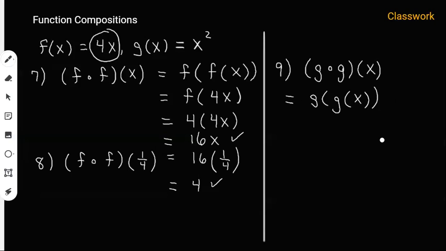So I'm taking the function g of x and putting it inside of itself, right? So what is g of x? Well, we know that g of x is the same thing as x squared. So I'm going to replace the g of x on the inside with an x squared and see what happens. So now I'm going to evaluate the function g at x squared. What that means is everywhere I see an x in the function g, I'm going to replace it with an x squared.